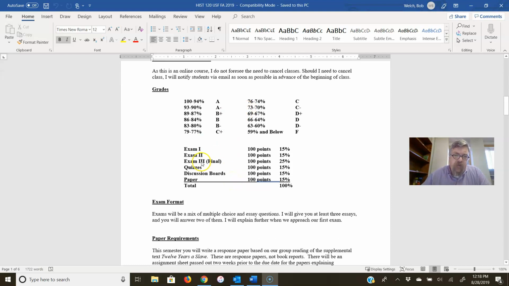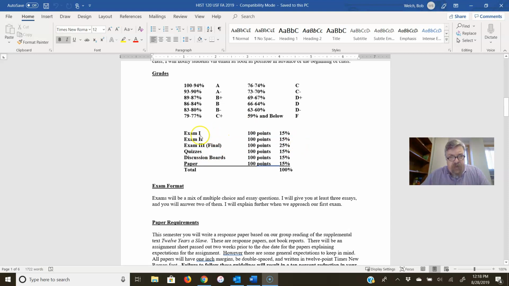Grade scale, here's the main thing I want you to pay attention to: we have 3 exams this semester, we have quizzes that will be held online as well as discussion board assignments and the paper. Don't worry about the points. Keep in mind the percentages. Your first 2 exams are worth 15% apiece.